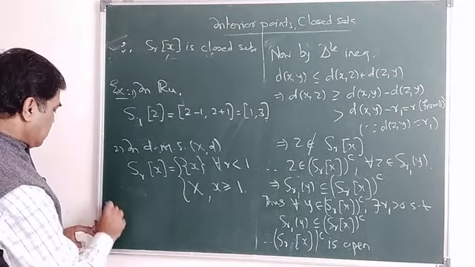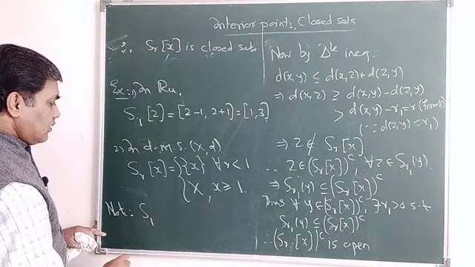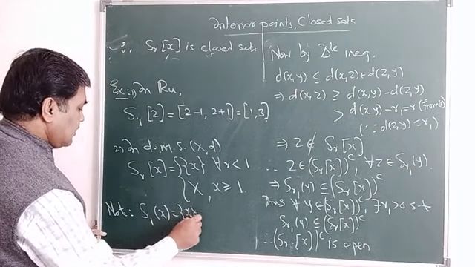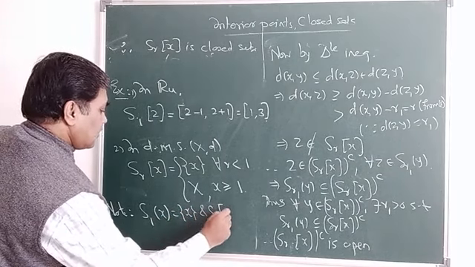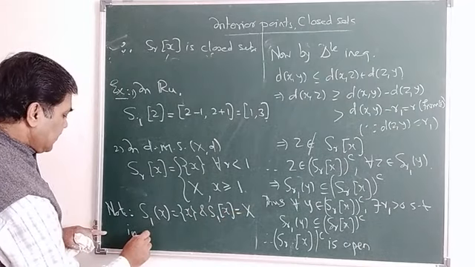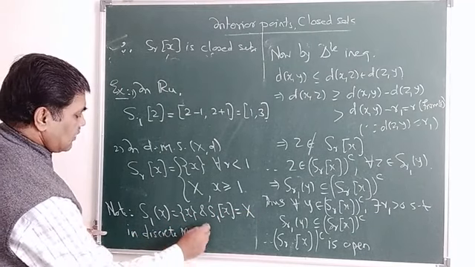So note S_1[x]... is the singleton {x} and S_r[x] is the whole set X in discrete metric space (X, d).